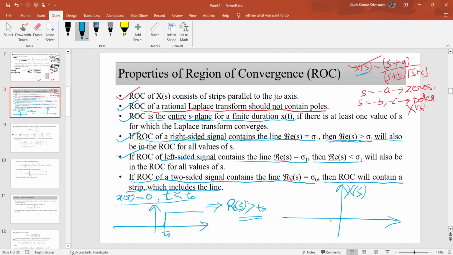Say X of s contains two strips, then the ROC is the intersection of these two strips. For a double-sided signal containing the line real part of s equal to sigma naught, the ROC will contain a strip which includes the line. So these are some important properties of the region of convergence.